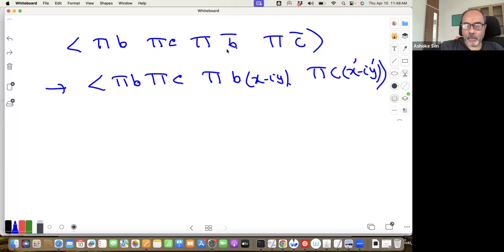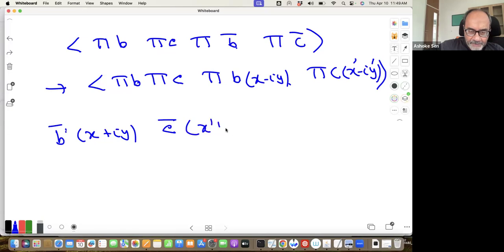Okay. Now you can ask, what about the singularity of B bar, right? You see there is a B bar here, right? So let's take B bar of some x plus iy with C bar of x prime plus iy prime. These had a singularity of the form 1 over z bar minus z bar prime, so x minus iy minus x prime plus iy prime.